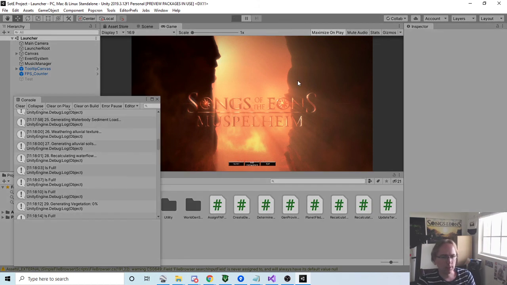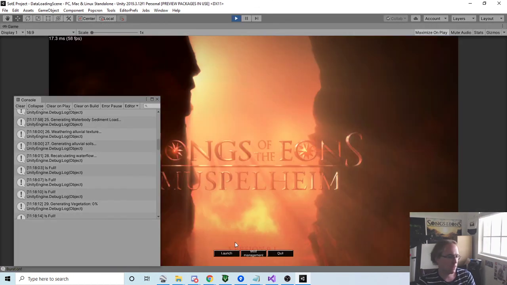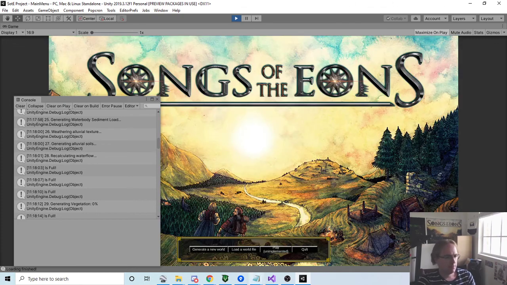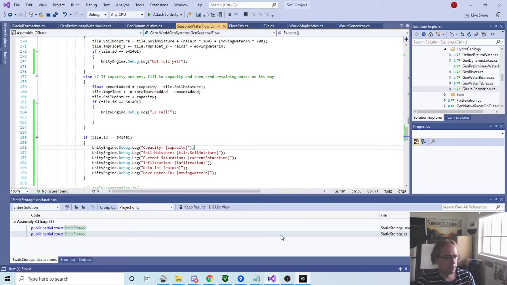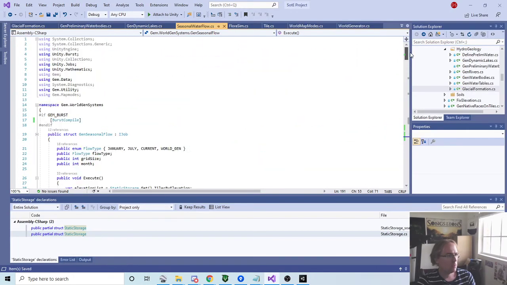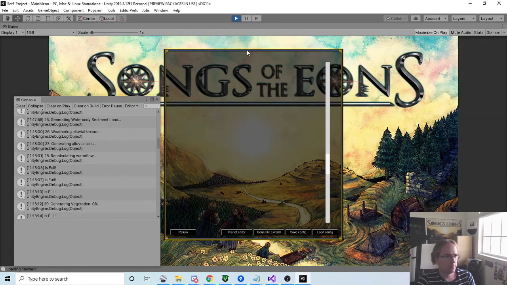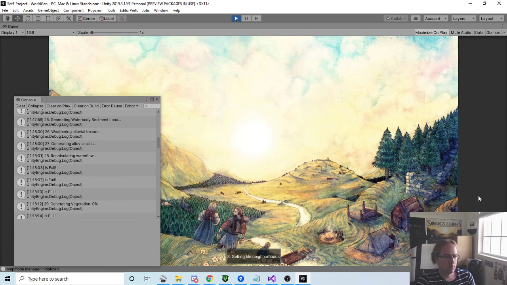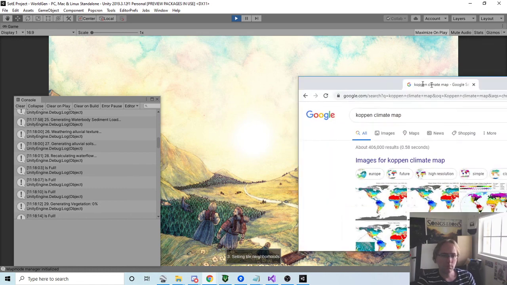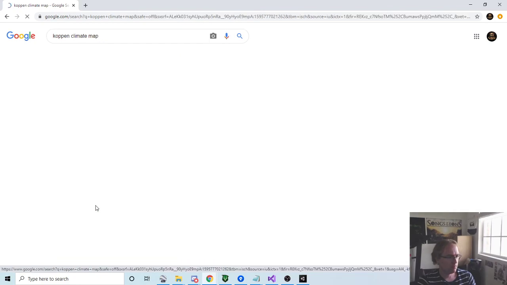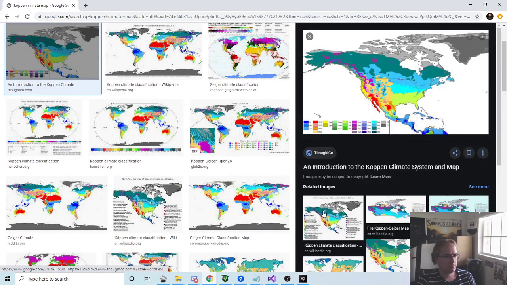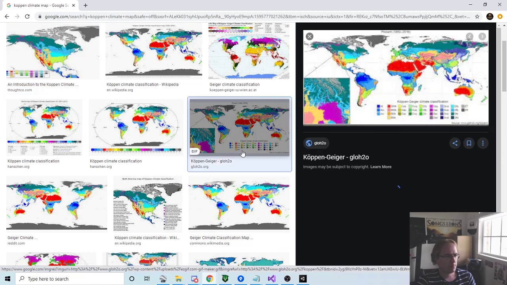Actually, while we're generating, let's look into getting a nice Köppen climate map. Did we re-enable burst? Yes, we did. Got plenty of choices. Something global, please.